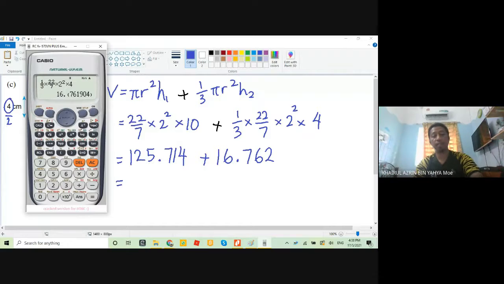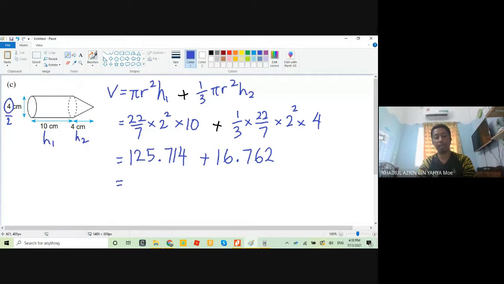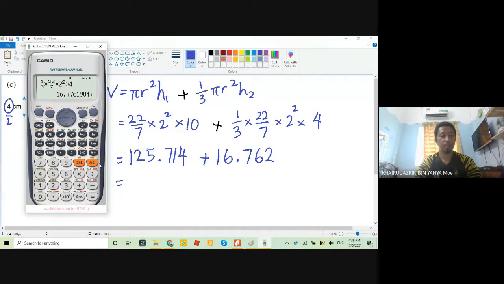Okay, then we add these two numbers, but we write the answer in 2 decimal places. So 125.714 add with 16.762.